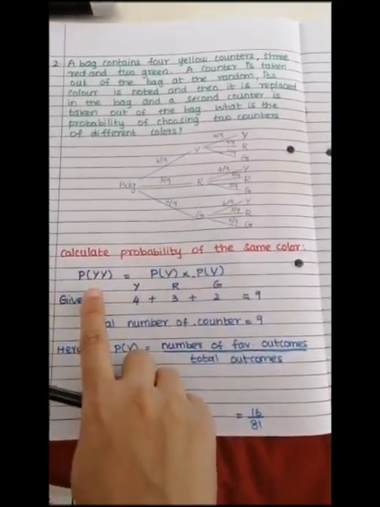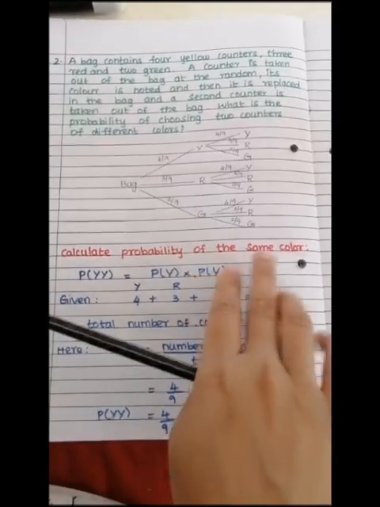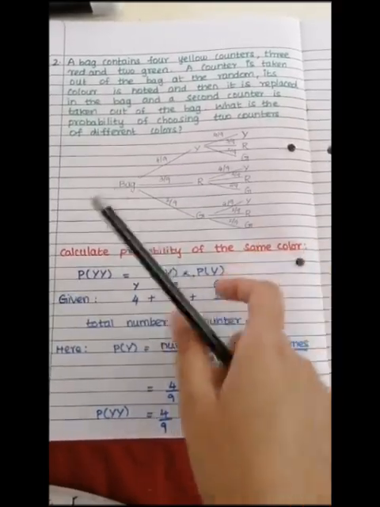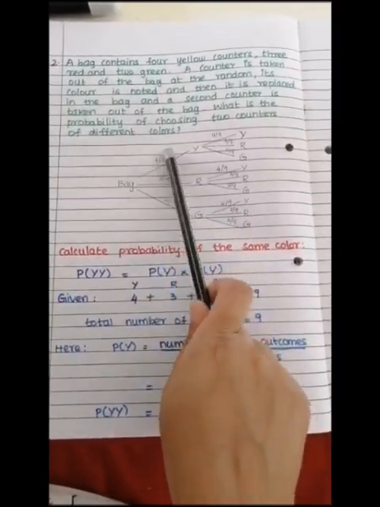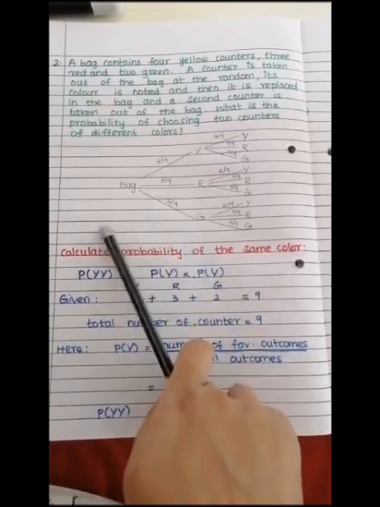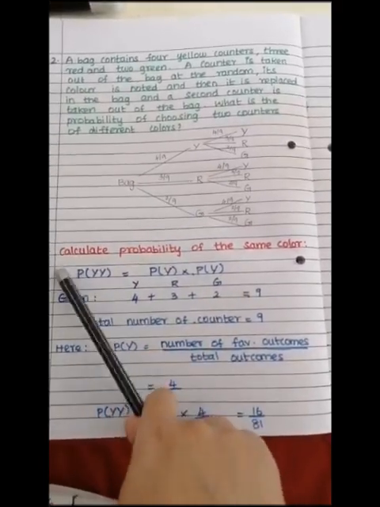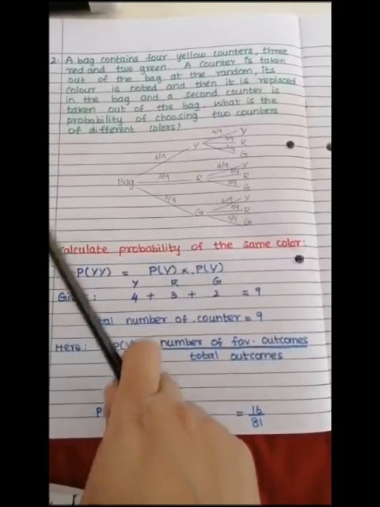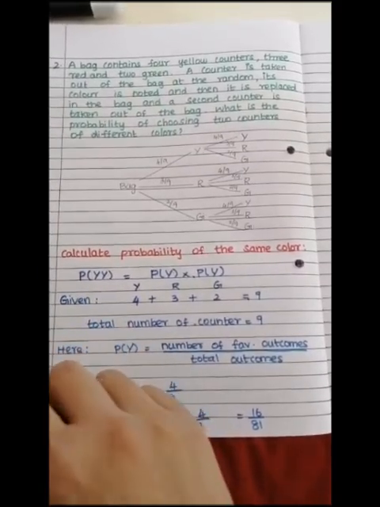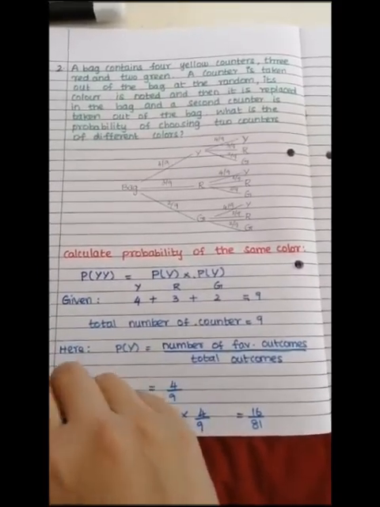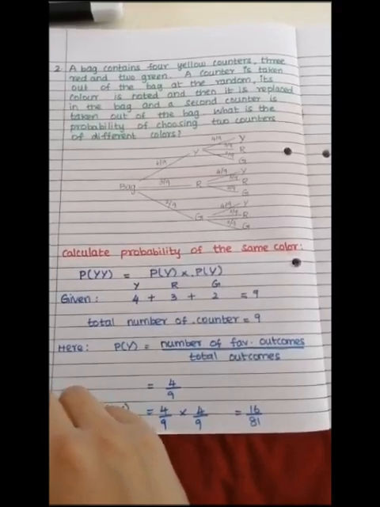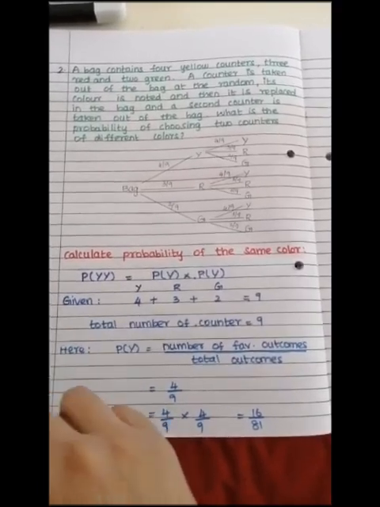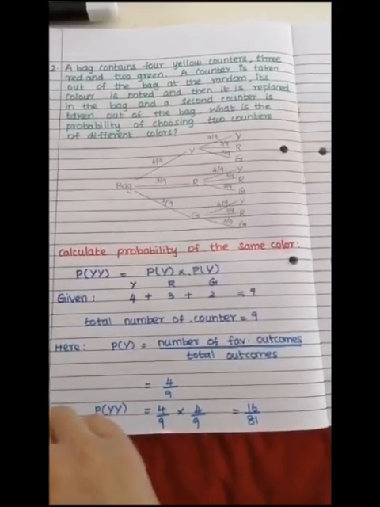Let us calculate the probability of the same colors, since we have to find the different color. We know the complementary probability: if we find the same colors, we can subtract it from 1 and we get the probability of different colors.